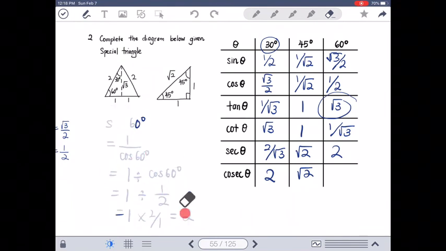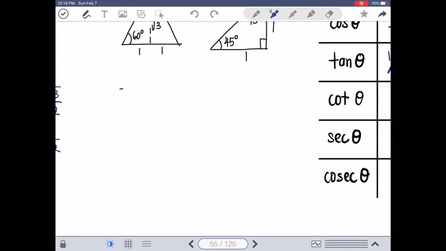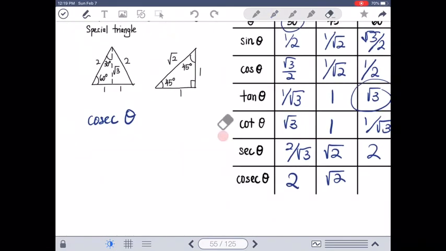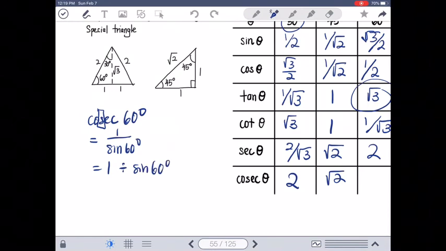Okay. The last one. Cosec 60 degrees, the third letter is S, equals 1 over sine 60 degrees, or 1 divided by sine 60 degrees.